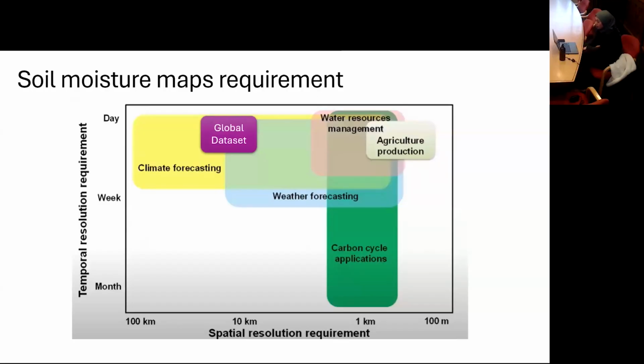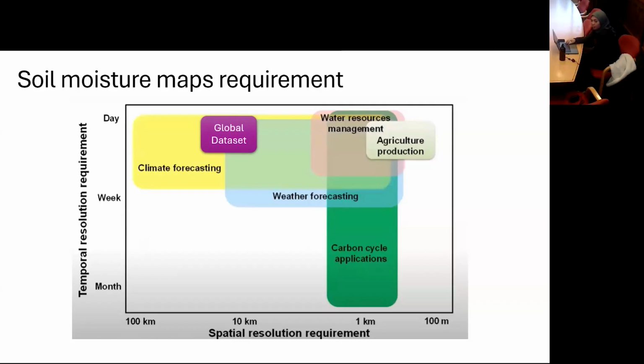When we plot it into a graph between the temporal resolution and spatial resolution of the soil moisture map that you need for some analysis or specific application, all the global data sets will fall into the needs of climate forecasting or weather forecasting, but they are not really meeting the requirement for water resource management or even agricultural production.